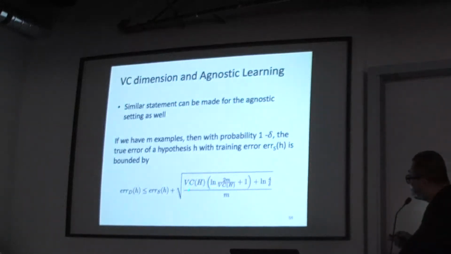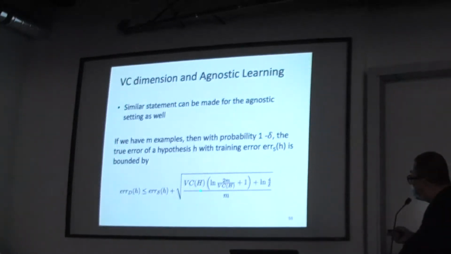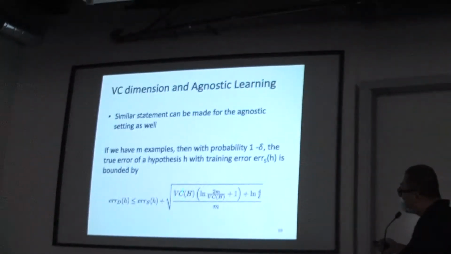Similarly, if you choose a smaller, less expressive hypothesis space, then this term decreases as well. This can be easily shown. You can take the derivative with respect to the VC dimension, and you can see that as the VC dimension decreases, this term decreases as well.